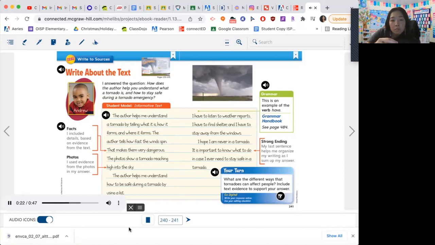The author helps me understand how to be safe during a tornado by using a list. I have to listen to weather reports. I have to find shelter, and I have to stay away from the windows. I hope I am never in a tornado. It is important to know what to do in case I ever need to stay safe in a tornado.